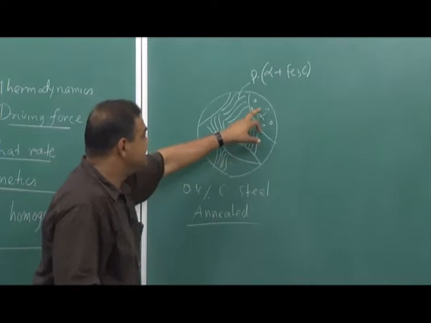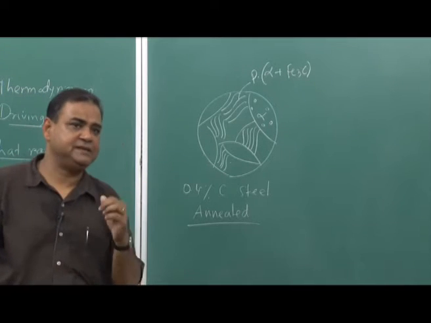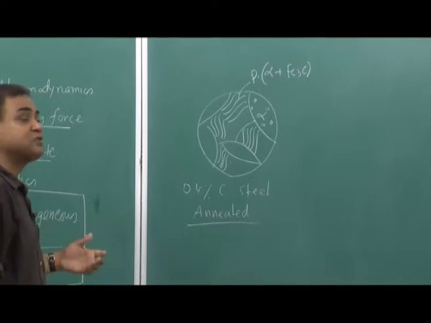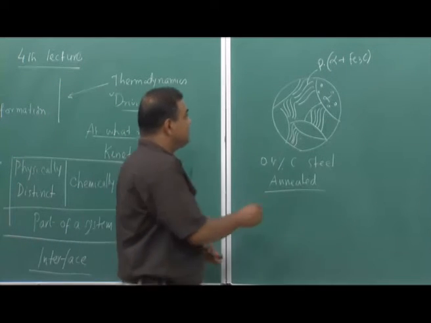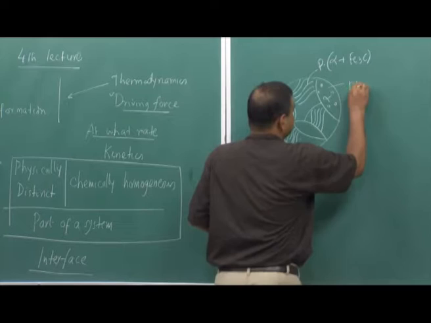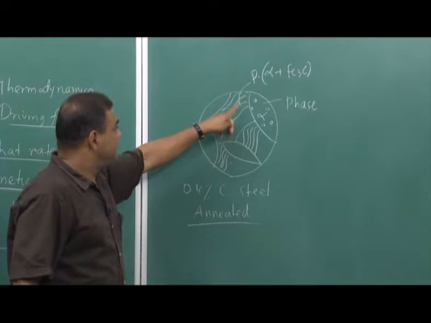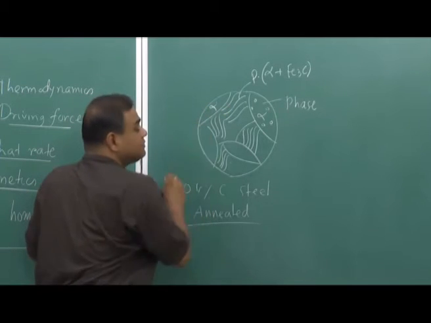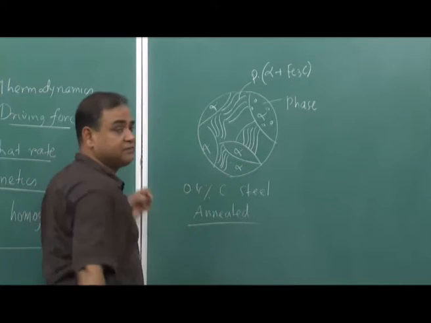So, that means these phases have a distinct physical appearance, they look bright. So, it is also physically distinct. So, we can say that this is a phase. This part is also alpha, this is also a phase, this is also a phase, this is also a phase.